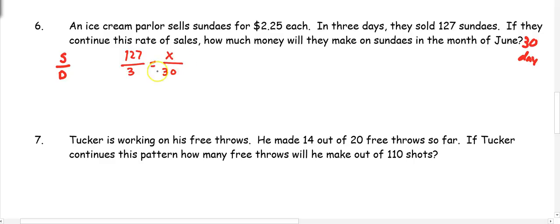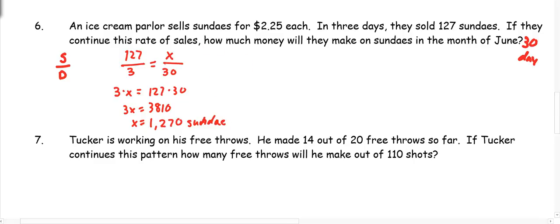So we're going to cross multiply: 3 times x equals 127 times 30. So we get 3x equals 3,810, and we divide by 3, we get 1,270 sundaes.